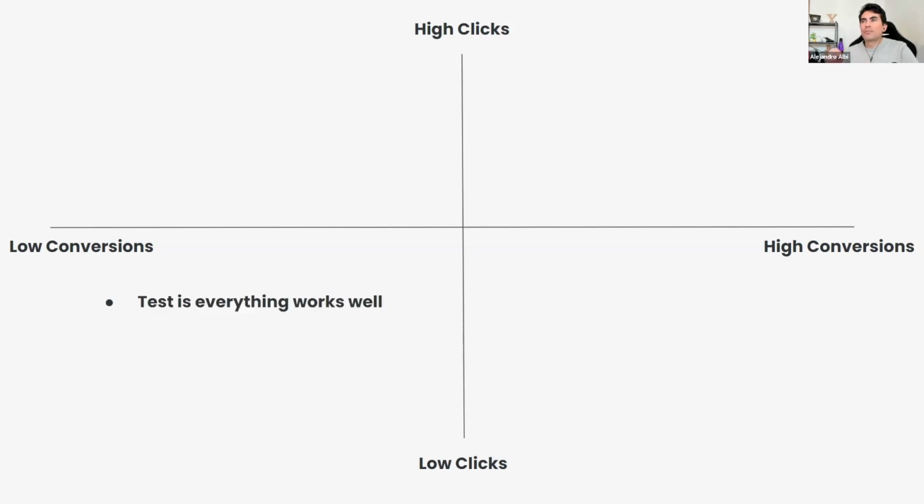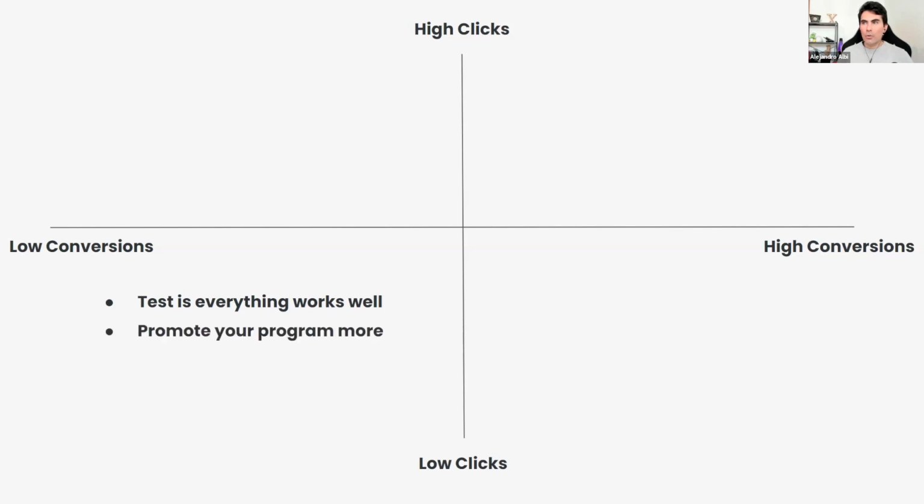The first one is to test if everything is working well. In many cases, the tracking is not done well, the conversions are not properly measured, there's some bug in the system, maybe there was some update on your WordPress site and a plugin doesn't work anymore. These things can happen, so test if everything is actually going well. That's thing number 1.